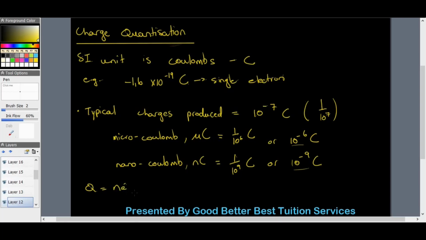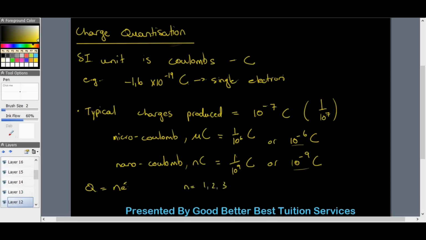In other words, objects cannot gain or lose a fraction; they gain an electron or lose an electron. So the net charge Q on any object is an integer multiple of e, the elementary charge, so n is going to equal 1, 2, 3.